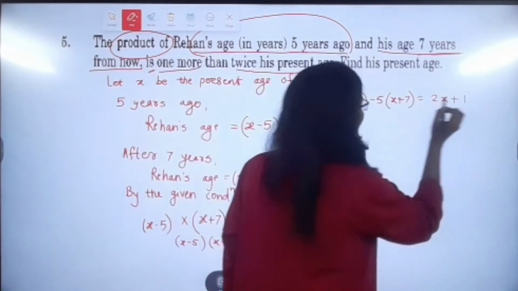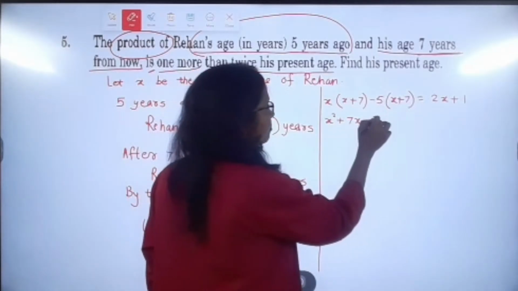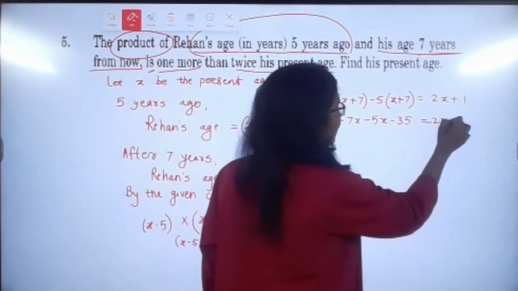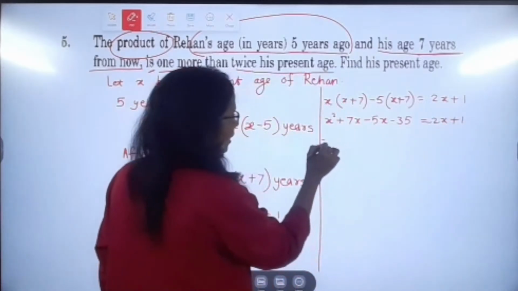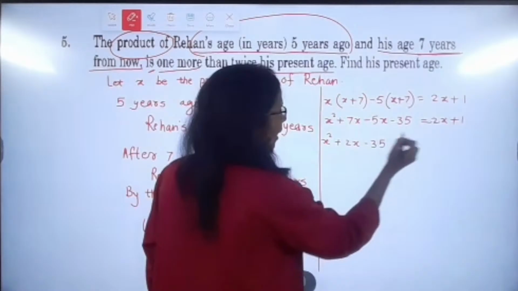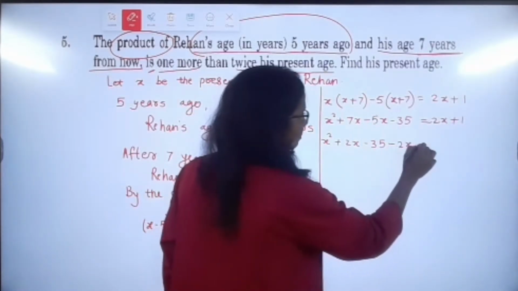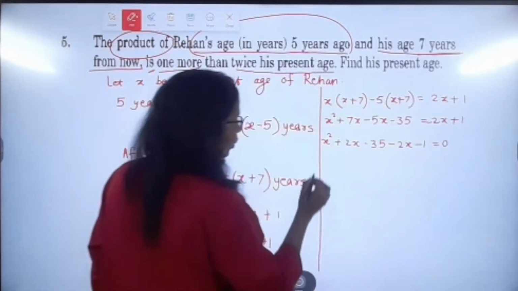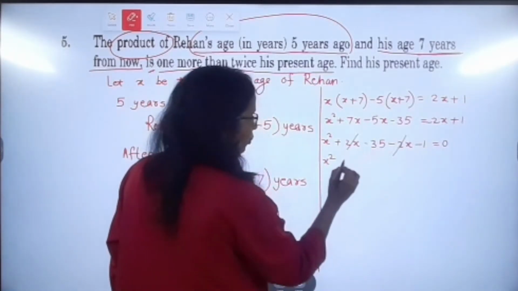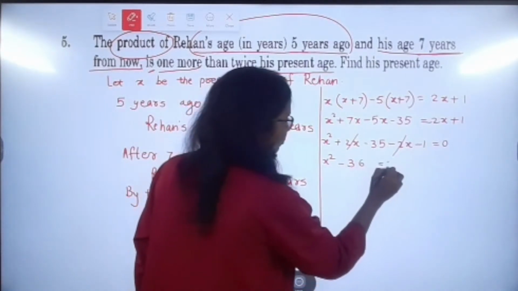So now here, students, x square plus 7x minus 5x minus 35 is equal to 2x plus 1. So now x square plus 2x minus 35, and then shifting plus 2x plus 1, that is minus 2x minus 1, is equal to 0. So x square plus 2x minus 2x is 0, and minus 35 minus 1, that means minus 36, is equal to 0.